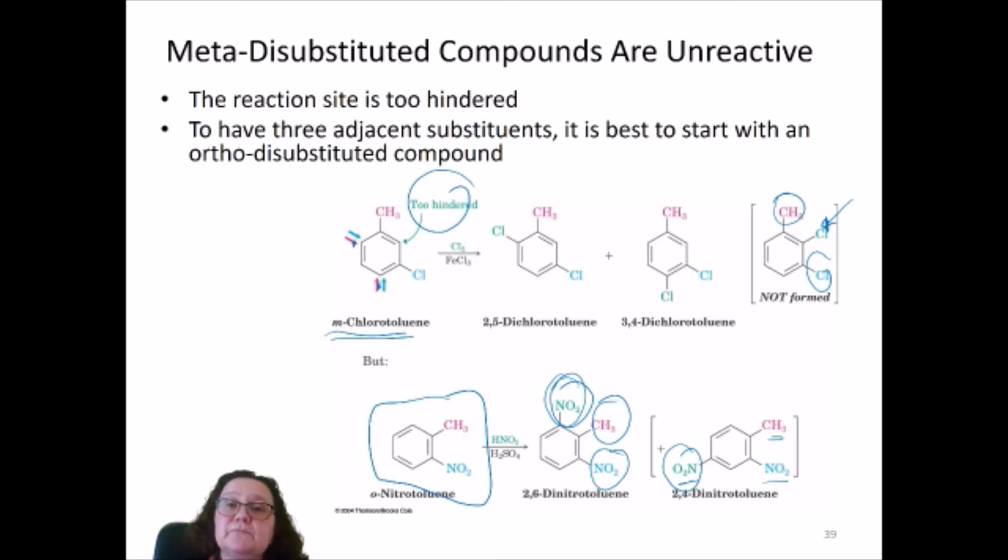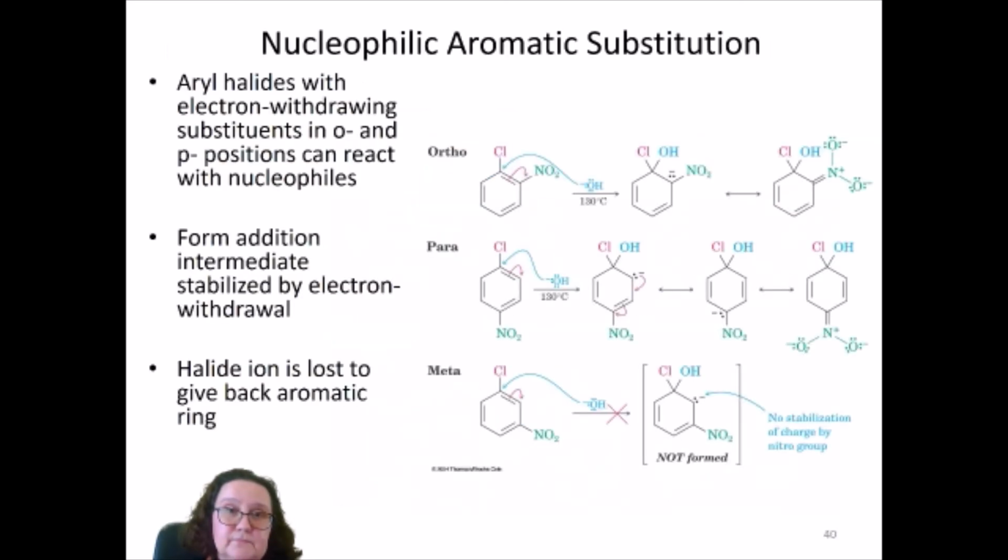You can have nucleophilic aromatic substitutions with benzene, and you can have them when you have a halogen in the structure, because a halide ion is a good leaving group.